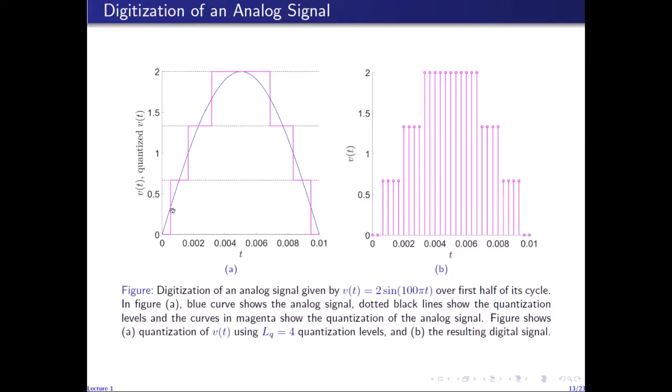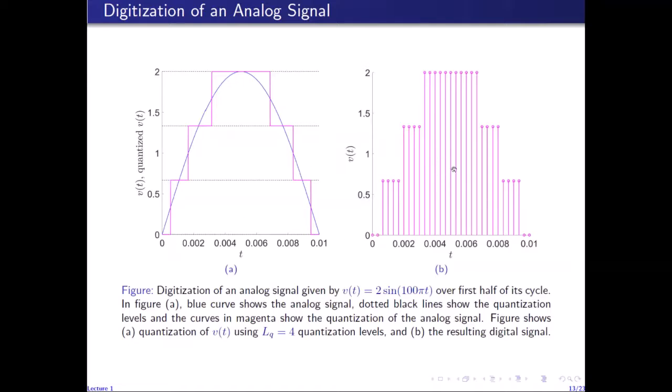So mapping the amplitude values of the analog continuous time, continuous amplitude signal results in the quantized signal, which is shown by this magenta curve here. And then sampling of this quantized curve results in the digitization of this analog signal.